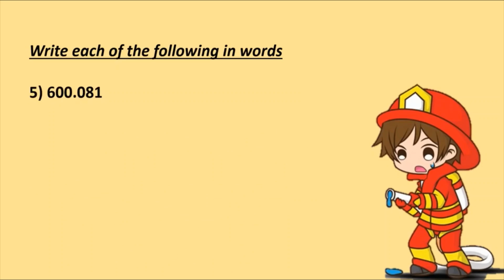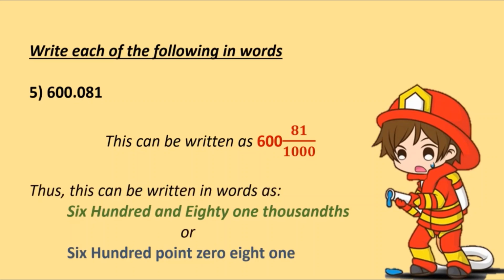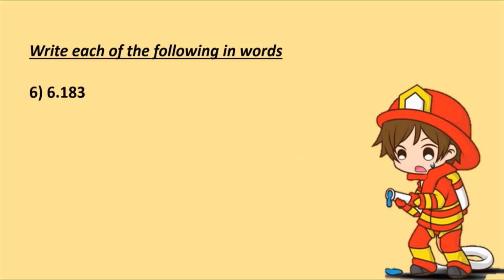Next one, 600.081. So it means 600 is the whole number and 81 by 1000. So we write it in words as 600 and 81 thousandths or 600.081. 6.183.